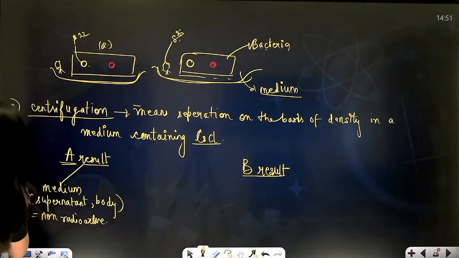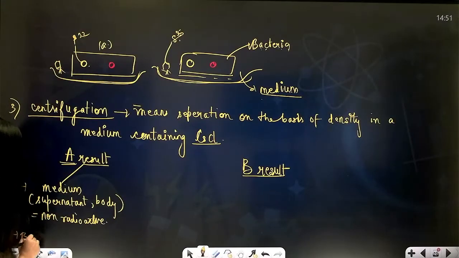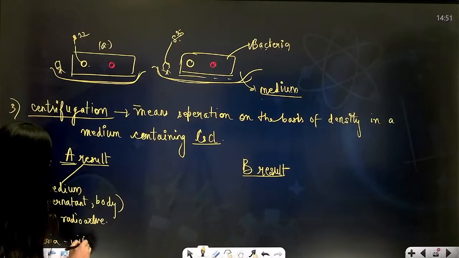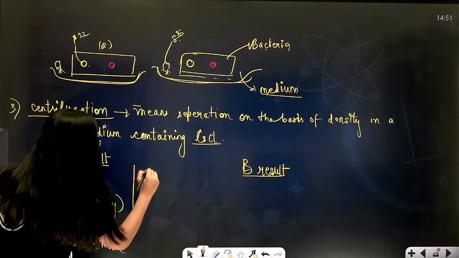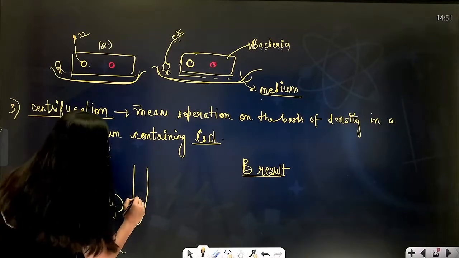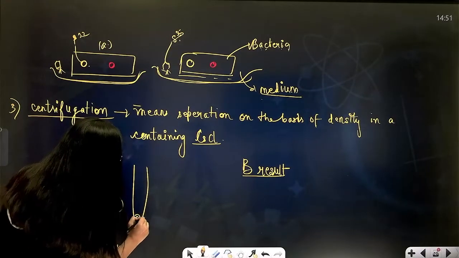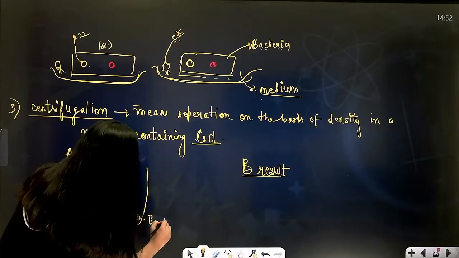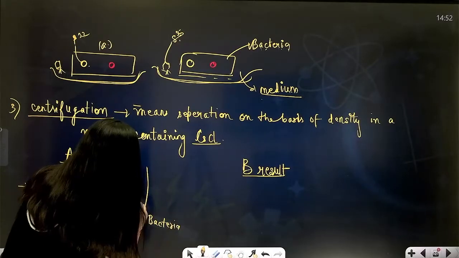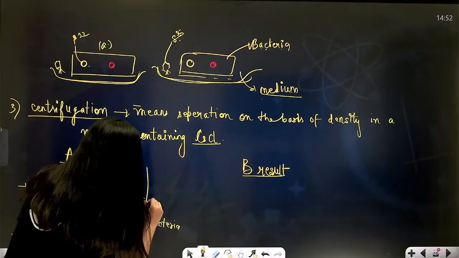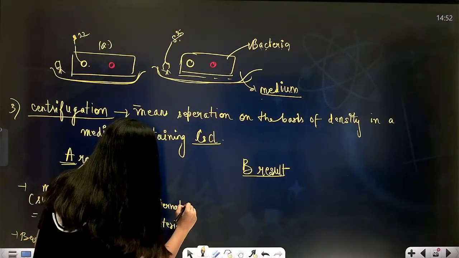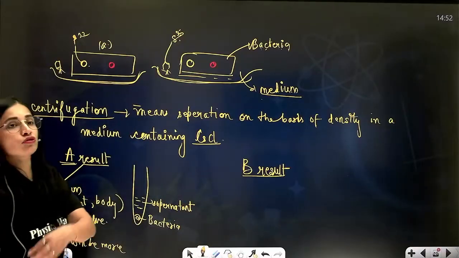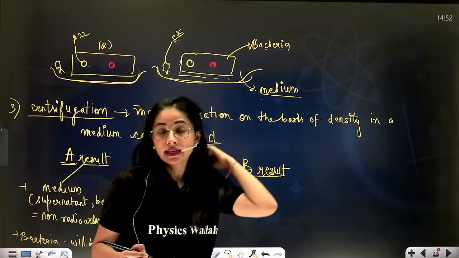Whereas the bacteria's density will be more. So in case of A, inside the test tube having cesium chloride, the bacteria will settle at the base because their density is more, and the medium, the supernatant, will be placed above it. The reason is that the density of the supernatant is less and of the bacteria is more.